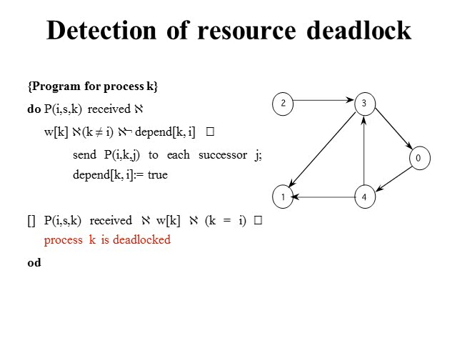The initiator is going to remain the process I, and the receiving process is going to change to the process the probe has been sent to. So there is a new probe sent on each outgoing edge to each process J, or each successor J. And then depend of K comma I is set to true.